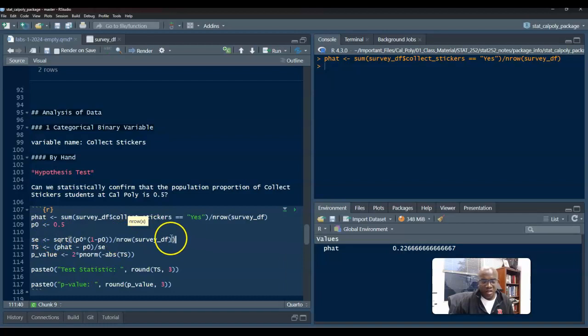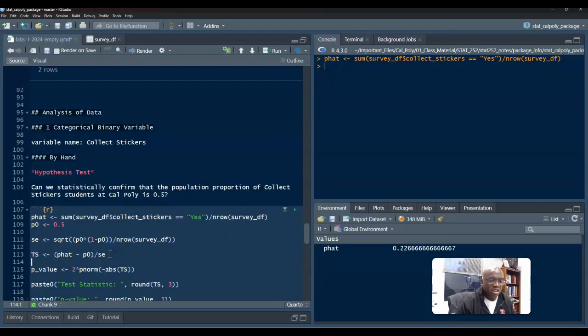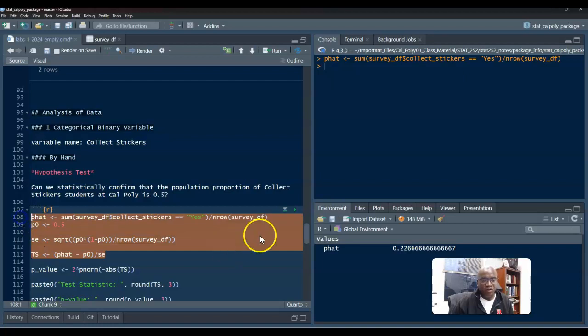And then finally, this is the test statistic: the difference between p-hat and p, over the standard error. If you run a chunk now, it should all work. So this is the calculation for my test statistic.